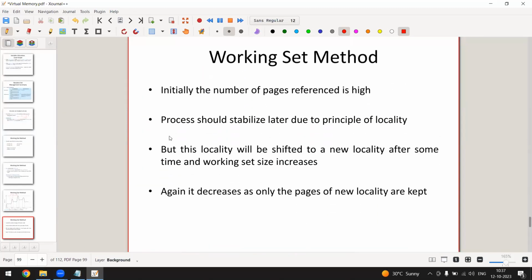You can see the working set method. Initially the number of page references is high and the process should stabilize later due to the principle of locality, as I discussed, because now you are generating addresses from the same range.